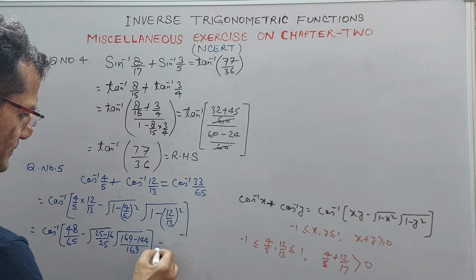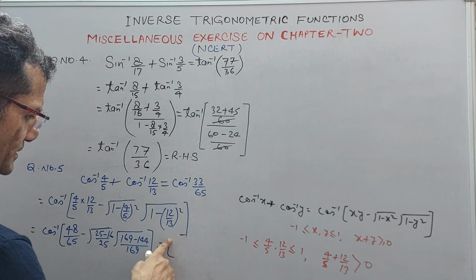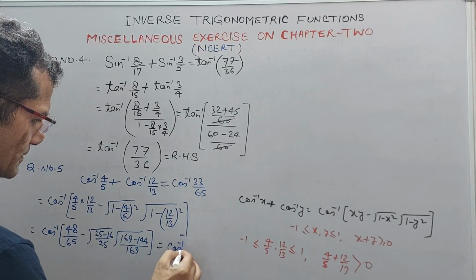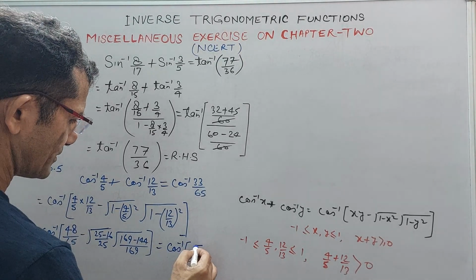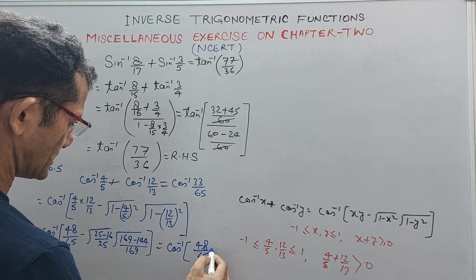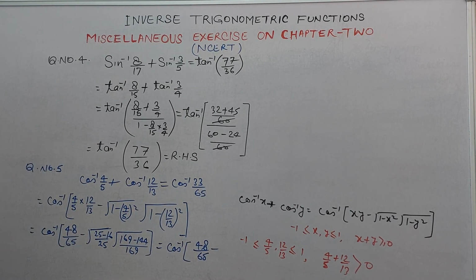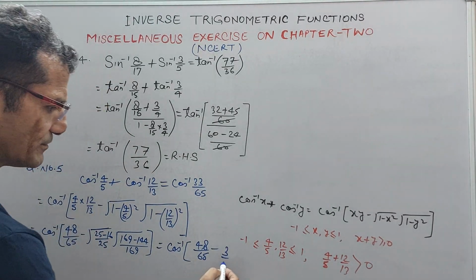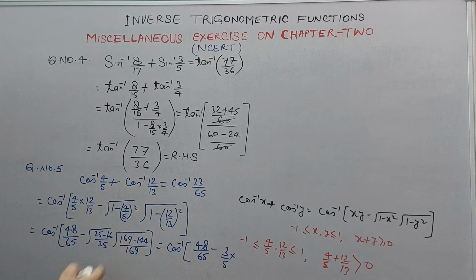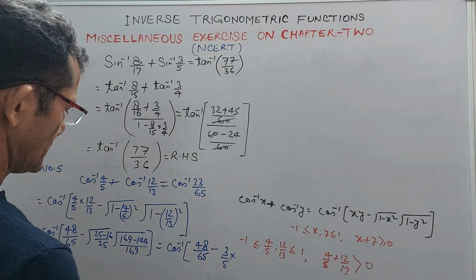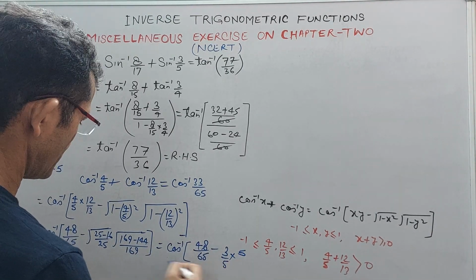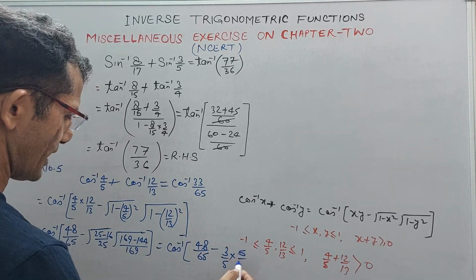Now this is equal to cos inverse 48 upon 65 minus, on simplification, 25 minus 16 will be 9, so it will be 3 by 5, into 169 minus 144, which is 25, so it becomes 5 upon 13.